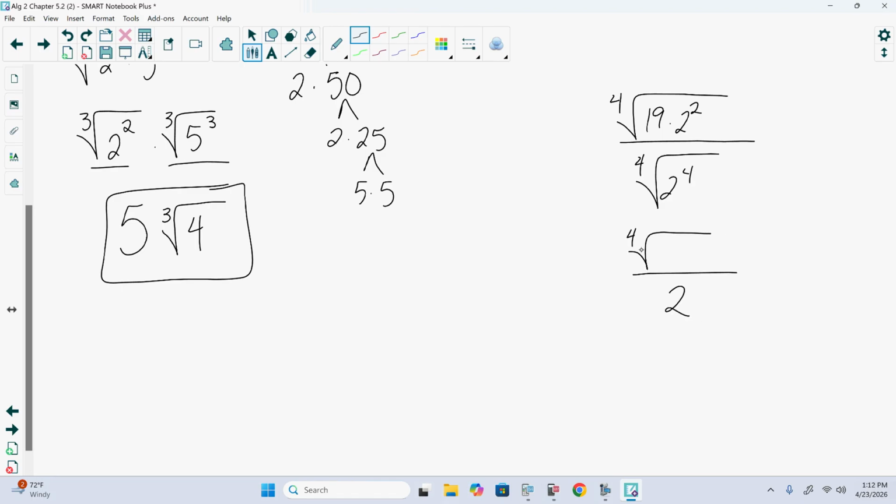Now, again, we'd be looking for factors of 2 in 19, because if, for whatever reason, the numerator had 2 factors of 2 with it, that would give us a total of 4. It would simplify out. But it does not. 76. Telling us that the 4th root of 76 over 2 is our final answer.